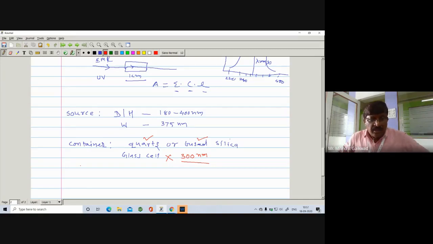Here also, for the sample we use in this UV, it is a very small amount, about 2 milligram of sample we have to take.